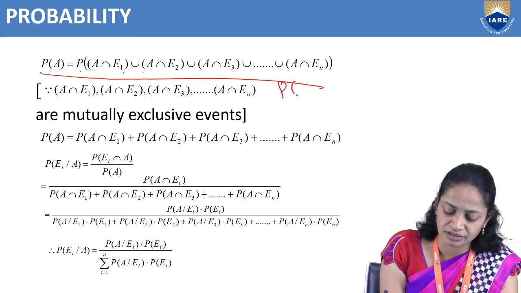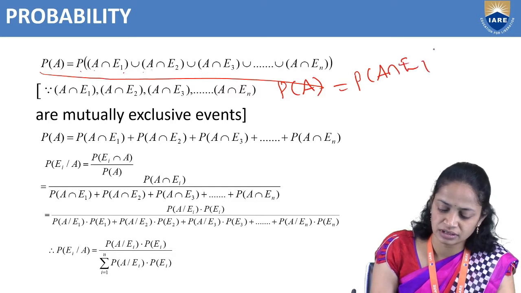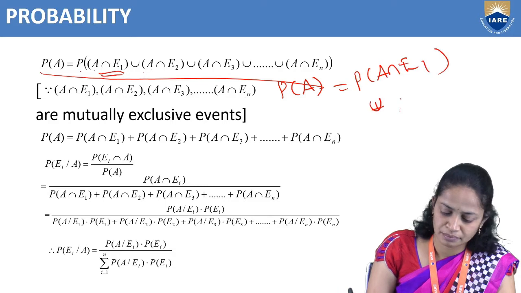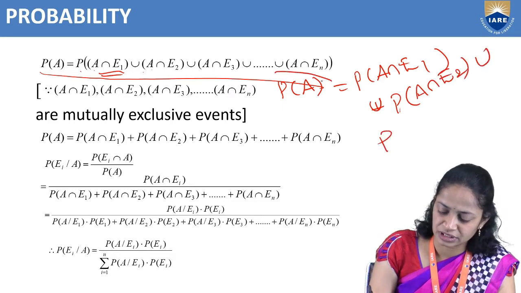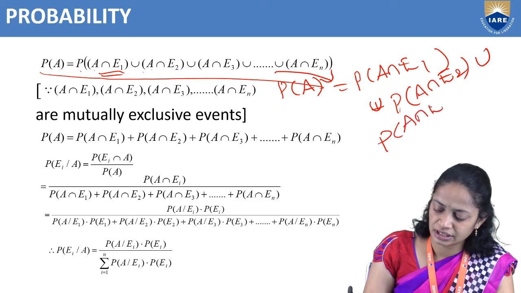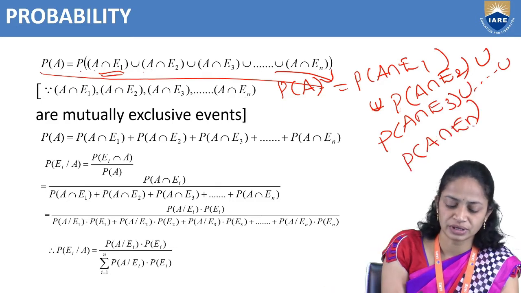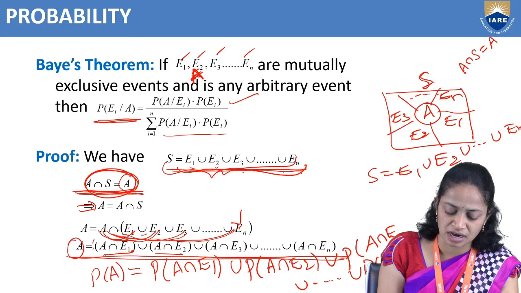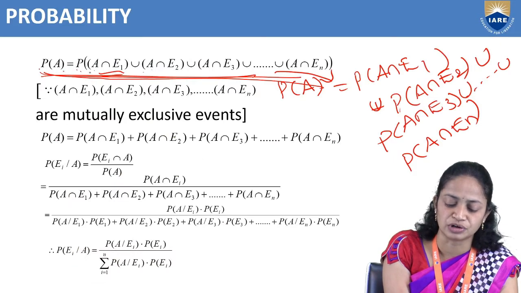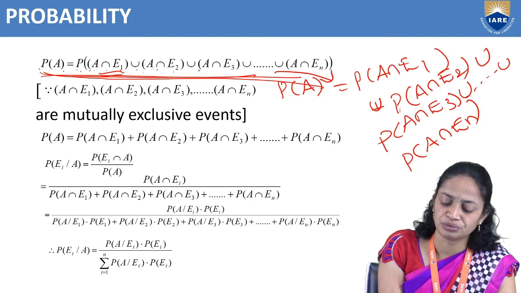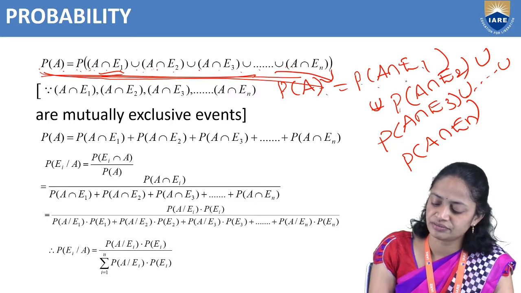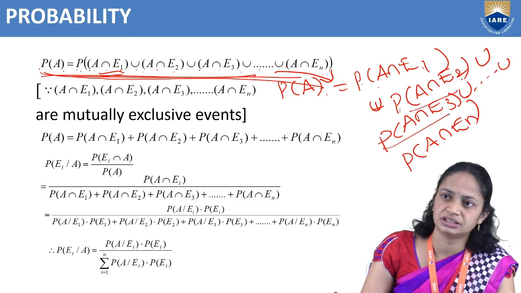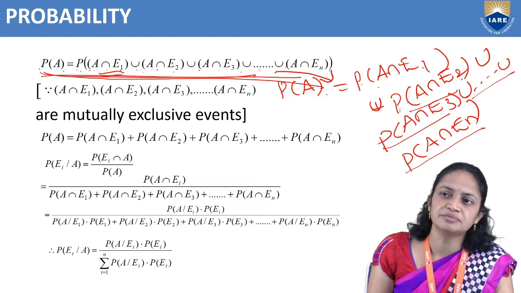So after applying the probability on both sides, we will get P of A equal to P of A intersection E1 union P of A intersection E2 union P of A intersection E3 and so on union P of A intersection En.